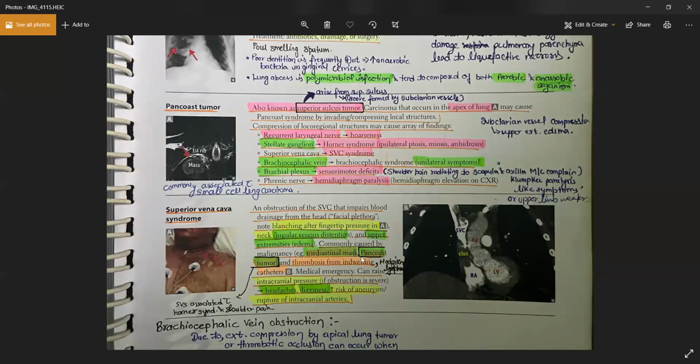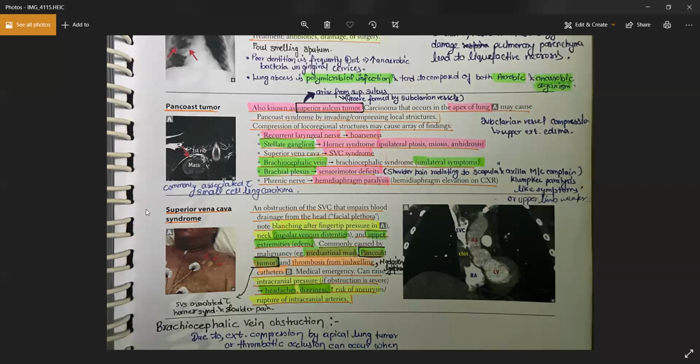No, it can happen due to any mediastinal mass, not just the Pancoast tumor. But if you have hoarseness and Horner syndrome along with this swelling, then you can suspect the Pancoast tumor, not any mediastinal mass, because any mediastinal mass can compress the superior vena cava, but only a Pancoast tumor can cause Horner syndrome and hoarseness along with superior vena cava syndrome simultaneously.